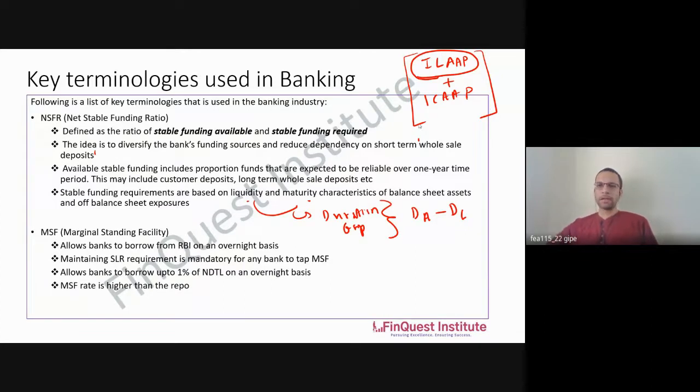So ICAAP is something which you will find as a part of your supervisory review process, SREP plus ICAAP. So this is there in your new Basel III guidelines, and this will be under Pillar 3. ILAP, I don't think this terminology is used in the Basel, maybe in the RBI's guideline, but again, there are pointers which take you to ILAP.